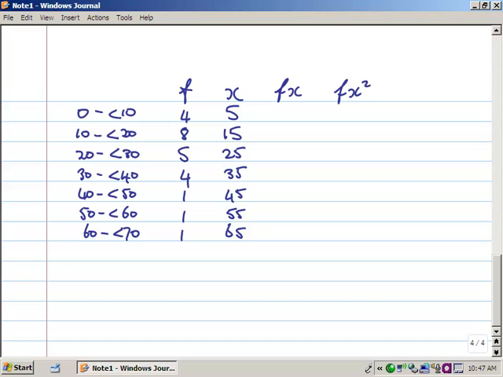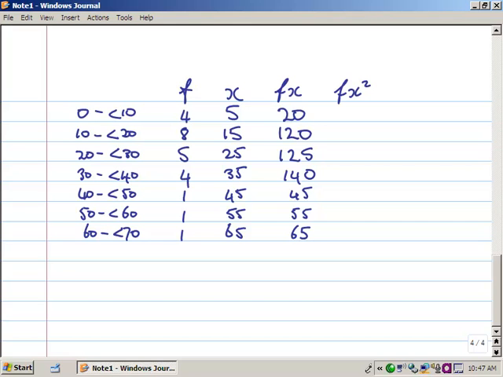So the fx column, f times x: 4 times 5 is 20, 8 times 15 is 120, 5 times 25 is 125, 4 times 35 is 140, 1 times 45 is 45, then 55, and 65.